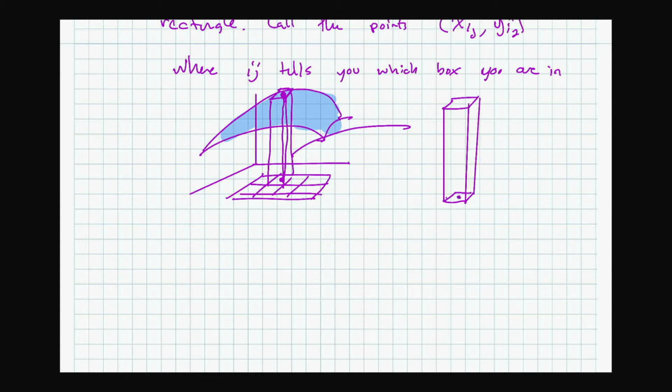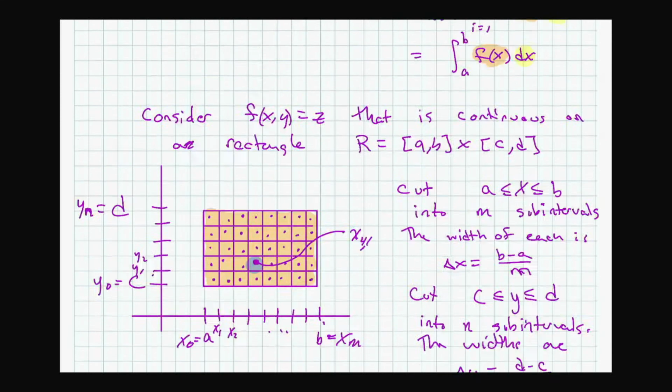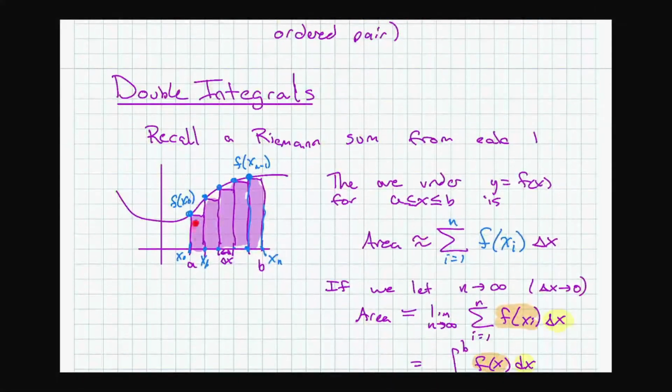So you've got the dot down here, that's your xij, and then you come up here, you're getting that height from the surface, and so this point is going to be xij, yij, and then in order to get the height, you use the function like that. Okay, so this is the equivalent of one of these rectangles.